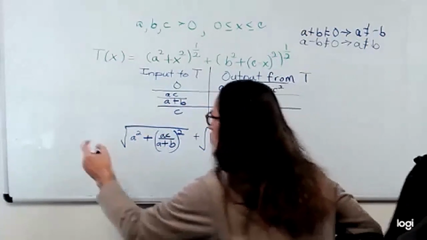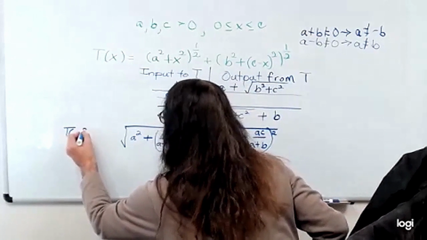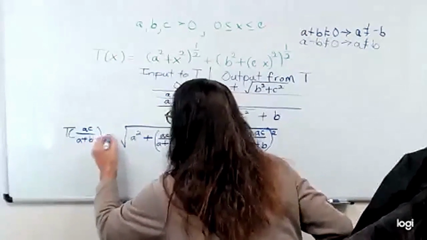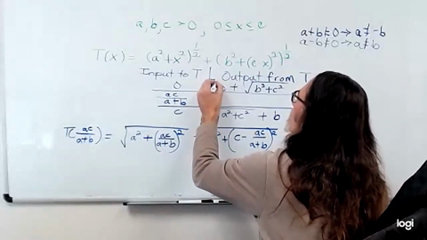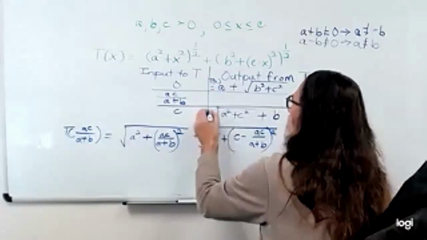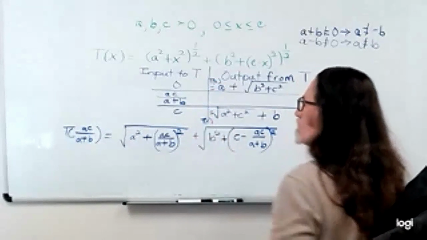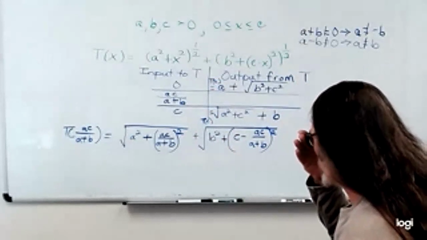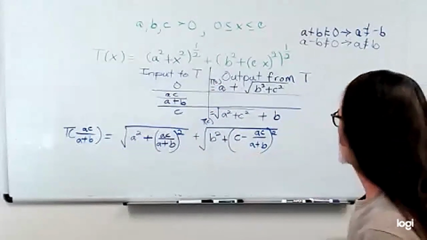This is finding out the value of t at that point, whereas this was t of 0, and this was t of c. All right. So first of all, I'm going to get a common denominator here.